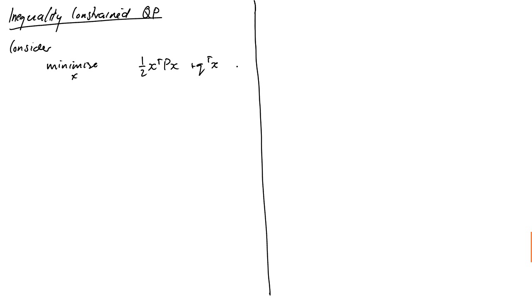Once again, you could put an extra constant on there if you wanted to, but it makes no difference to the minimizer, subject to Ax is now less than or equal to b. Okay, so we're only going to look at cases where P is positive definite.